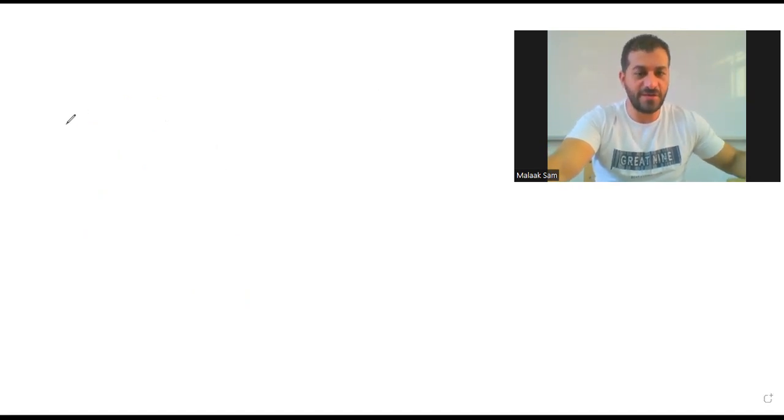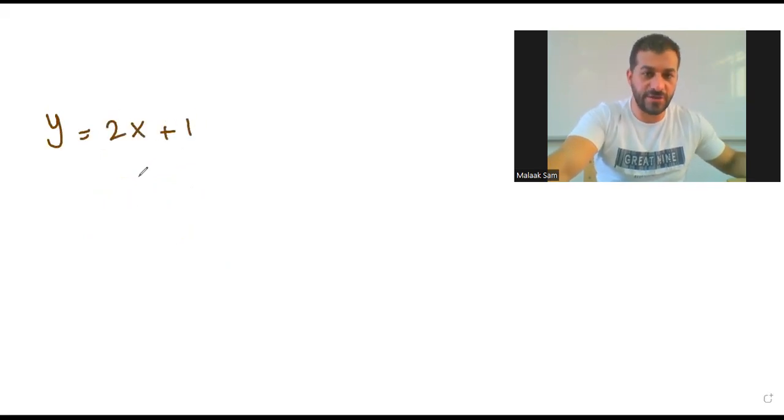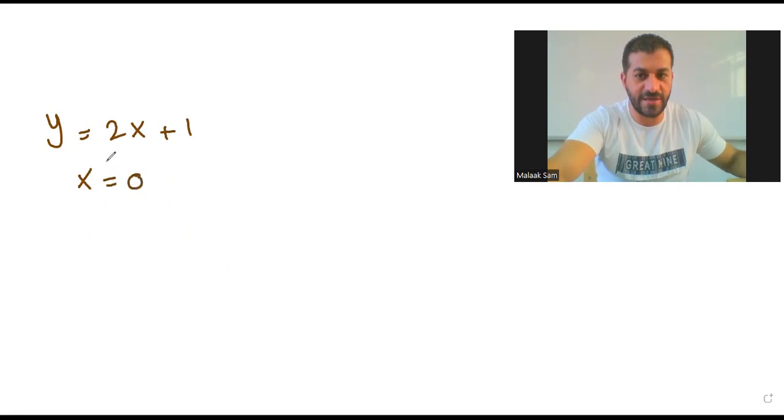And if I have a linear relation like y equals 2x plus 1, for every value of x, let's say x equals 0, what is the value of y? If we put x equals 0 in this relation, you will find y equals 1.